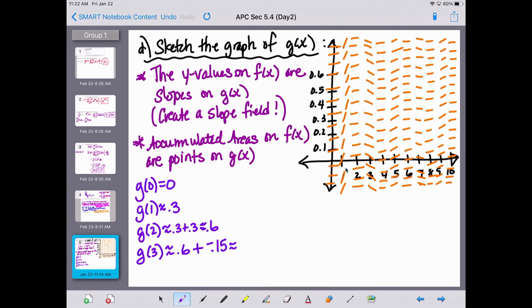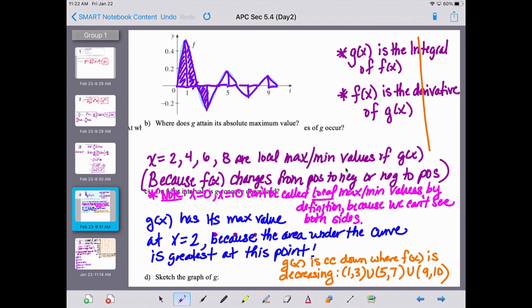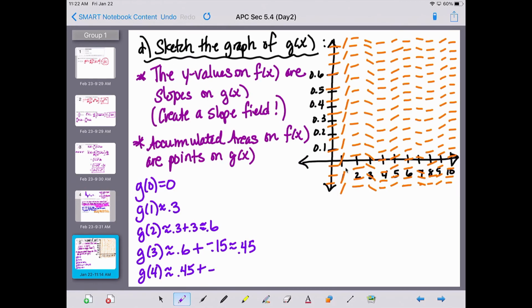Okay, so that's going to be approximately 0.45. G of 4 then, I have my 0.45, and again, what am I adding to it? Go back to my graph. Well, I'm adding another negative 0.15. So now 0.45 plus a negative 0.15 is going to put me at about 0.3.